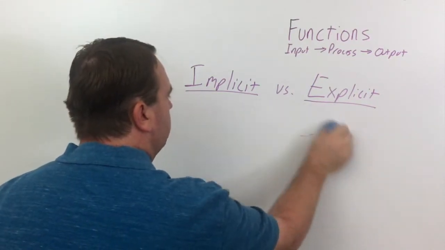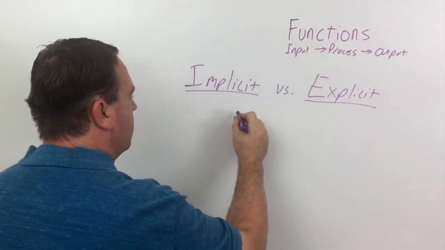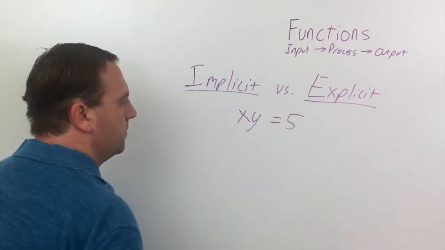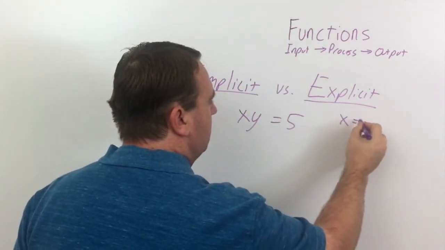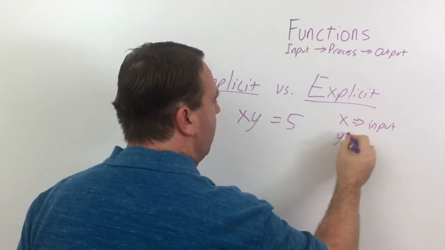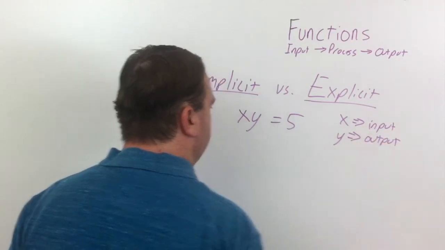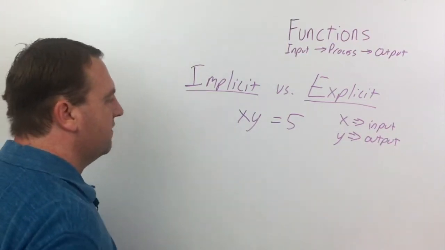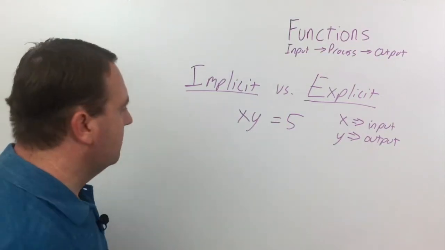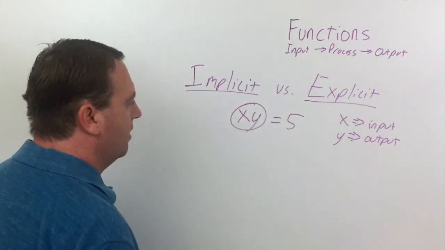To see what that looks like, let's say we had xy equals 5, where x is the input and y is the output. Okay, so this actually is a function, but it's given implicitly rather than explicitly, because we've intermixed together our inputs and our outputs.